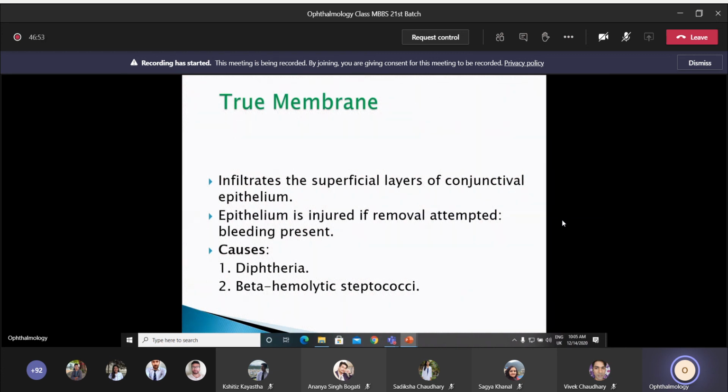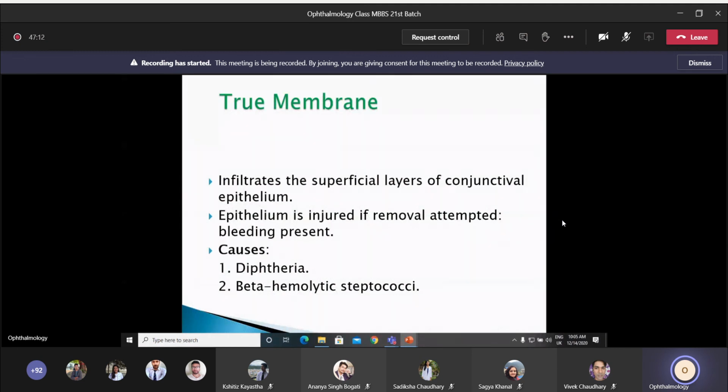In a true membrane, whenever you try to remove it, since the epithelium is damaged, there is bleeding. Whereas in a pseudomembrane, since it doesn't involve the superficial layers of the conjunctival epithelium, there is no bleeding; it can be removed nicely.